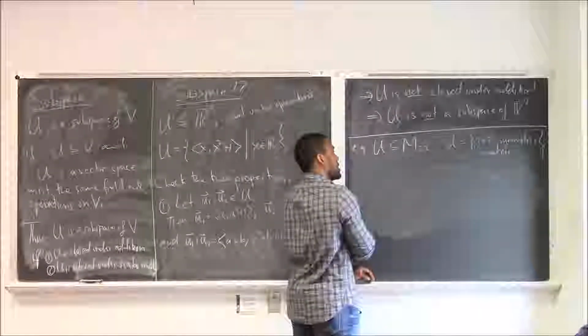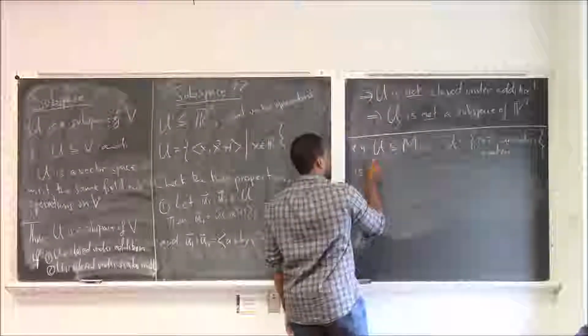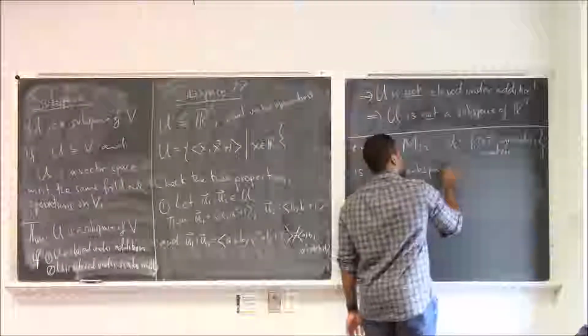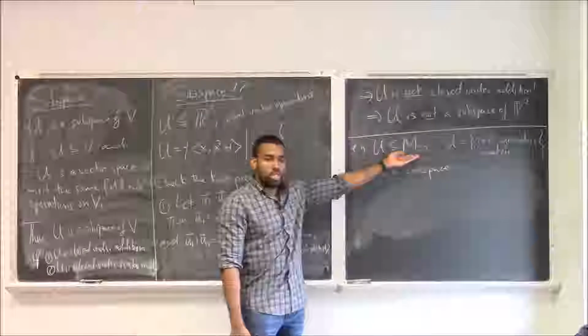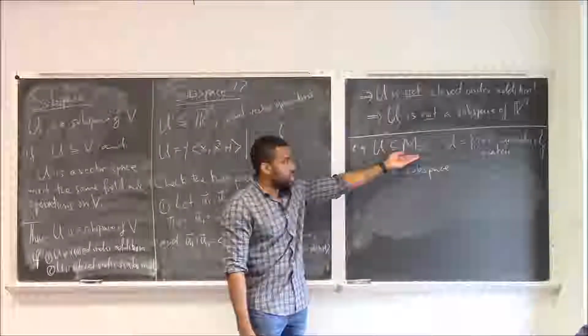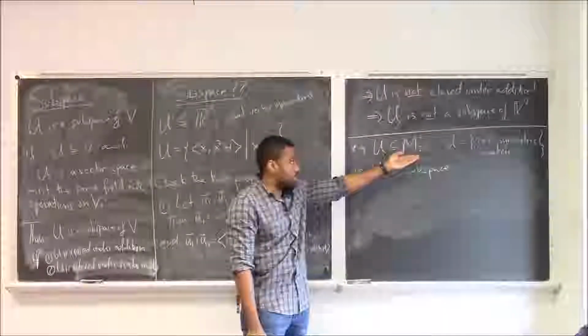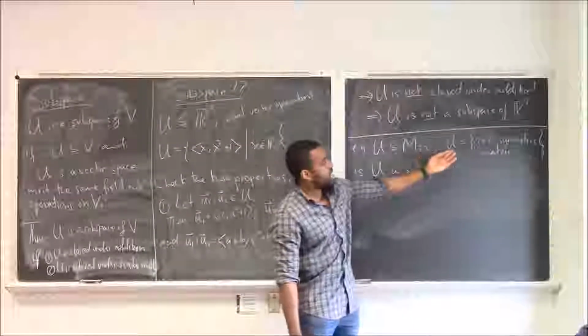So the question is, is U a subspace? Now we'll take it for granted that the set of all 2 by 2 matrices with the usual matrix addition and scalar multiplication is a vector space. It will satisfy all 10 properties. Now I'm saying let's take a subset of all those.